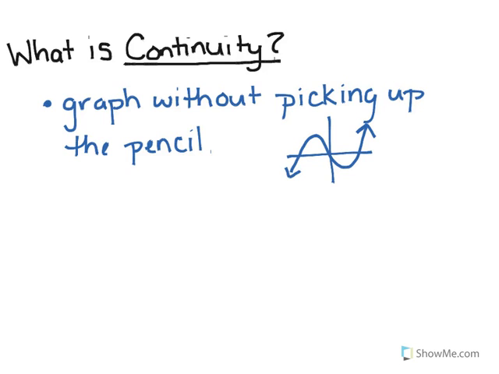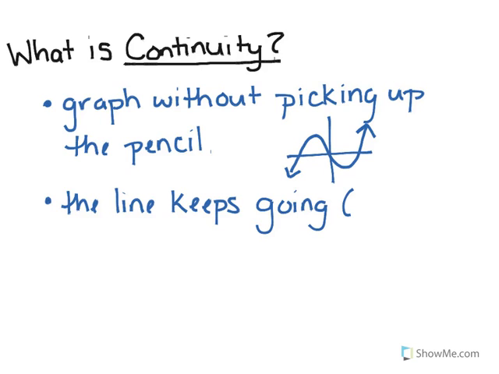What else do you think of when you hear the word continuity? I think, well, the line or the graph keeps going. It never ends. Another thing is to consider what the domain would be.